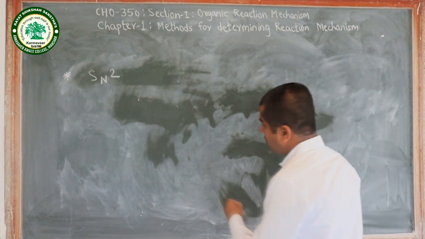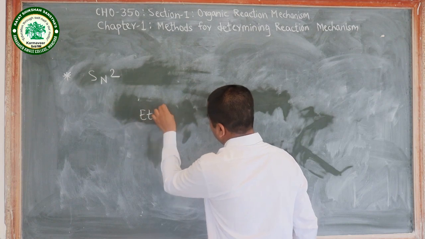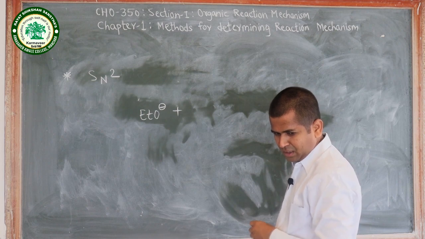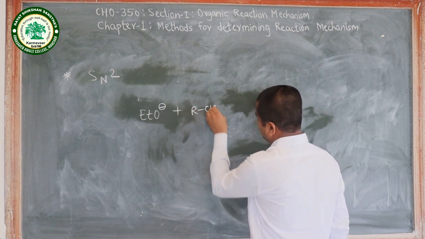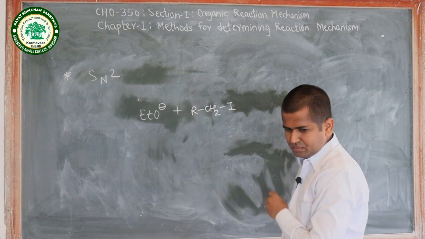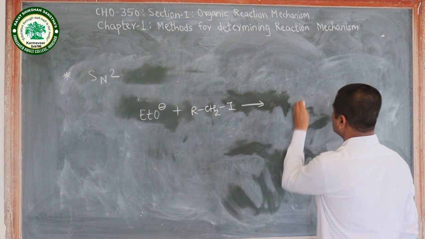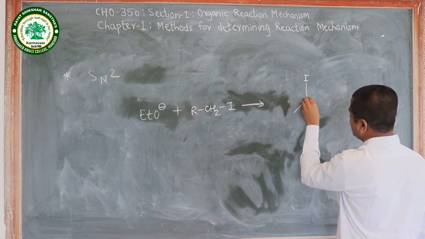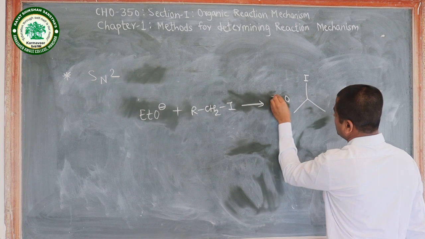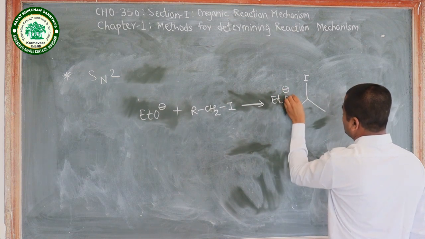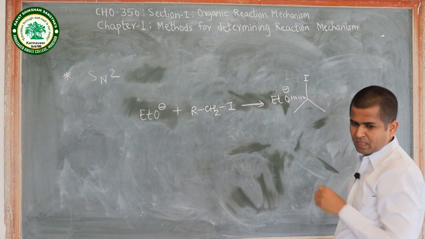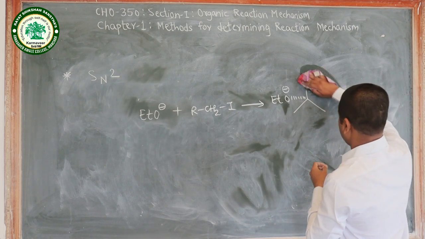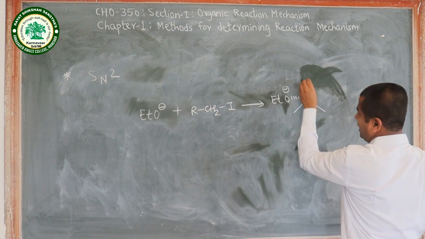So suppose we have an ethoxide ion reacting with an alkyl halide. So here in the transition state, see the transition state here is highly crowded.